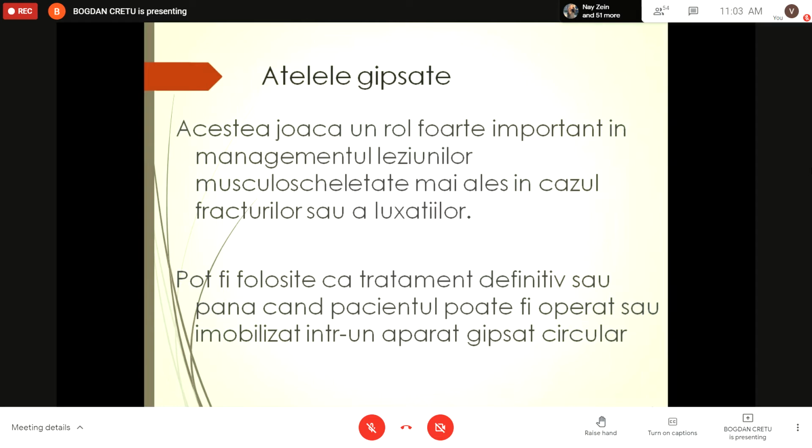Splints play an important role in the management of lesions, especially in fractures and dislocations. They can be used as a definitive or a provisory treatment till the lesion is treated surgically or replaced with a cast.